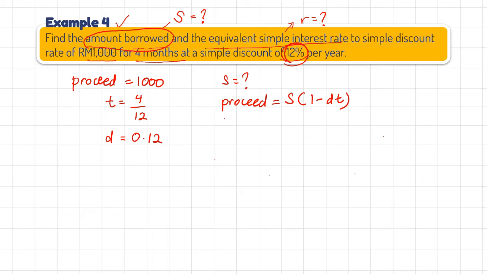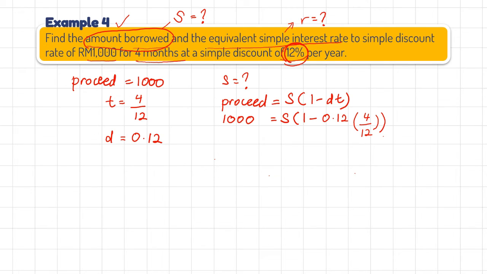Just put the information that we have inside the formula. 1,000 equals S, which is the one that we need to find, times 1 minus D, which is 0.12, and our T is 4/12.